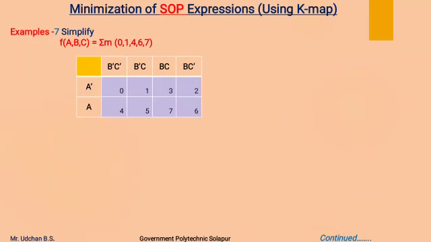Now we will solve the next example, that is function of ABC is equal to summation small m 1. As the function is of 3 variable, we will use 3 variable K map. So you enter the ones for 0 1 4 6 7.